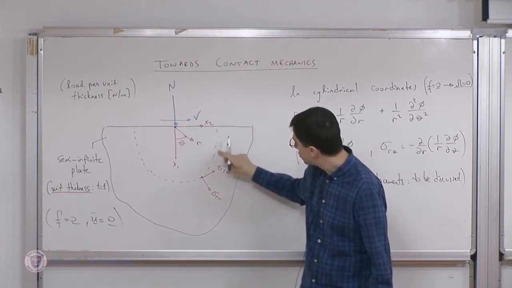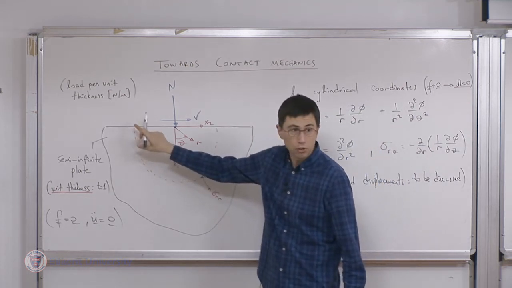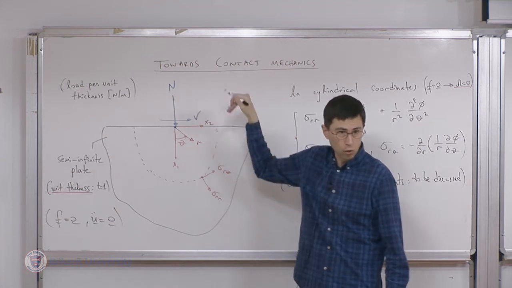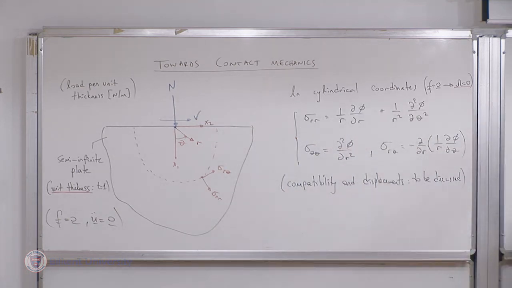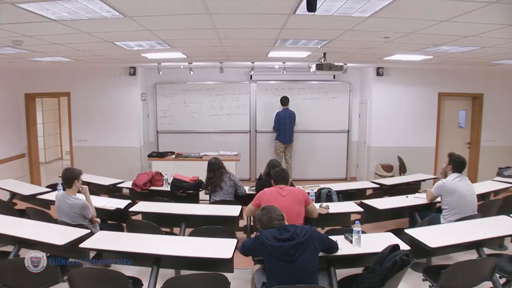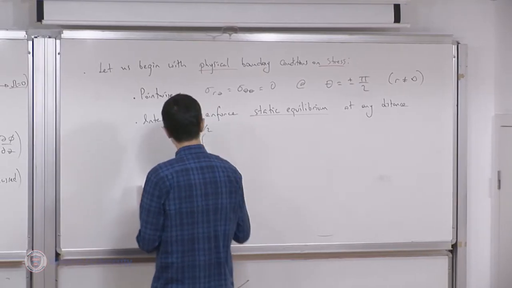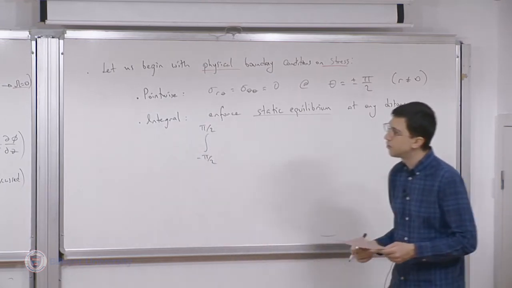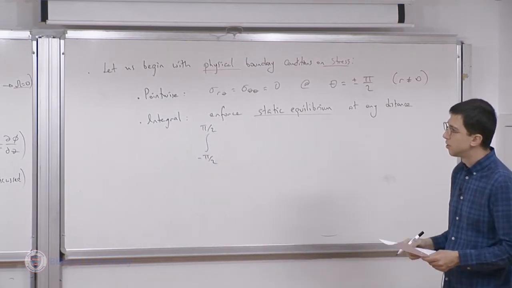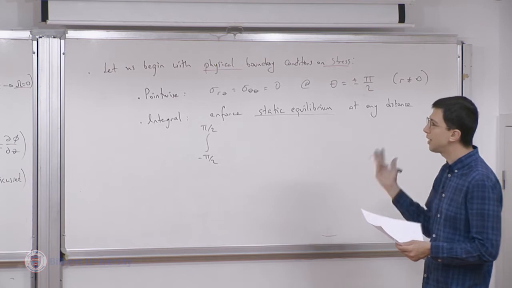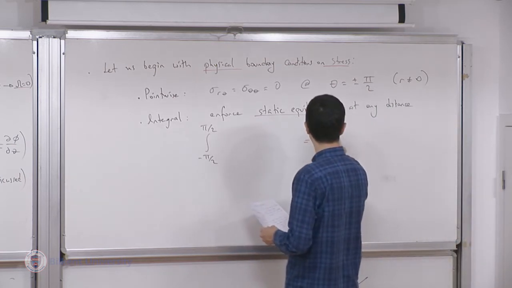The stress distribution here must integrate to N and V in the normal and tangential directions. So that's essentially what I'm going to write. First, the stresses must integrate to minus those quantities for it to be in equilibrium.